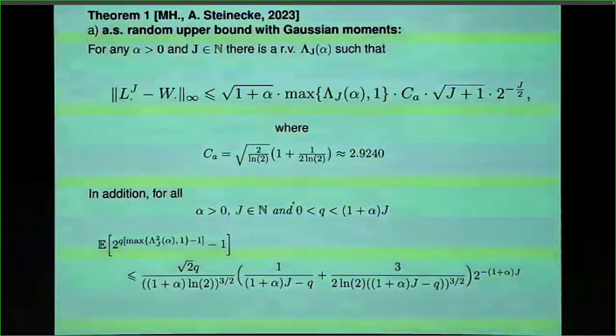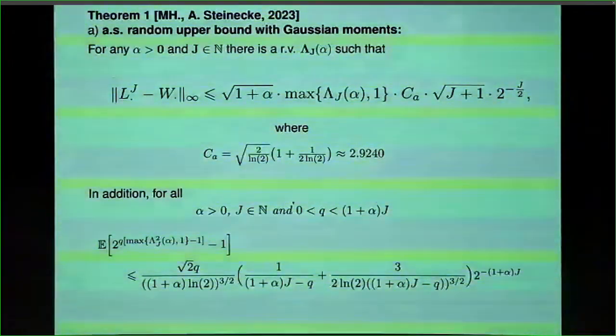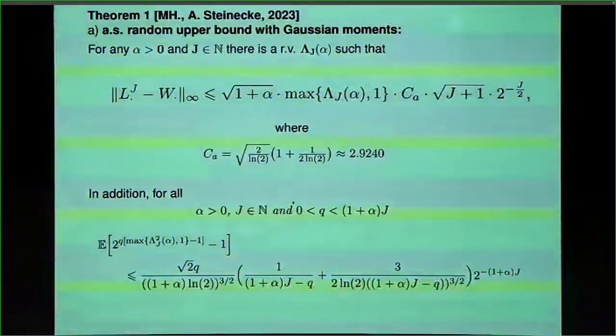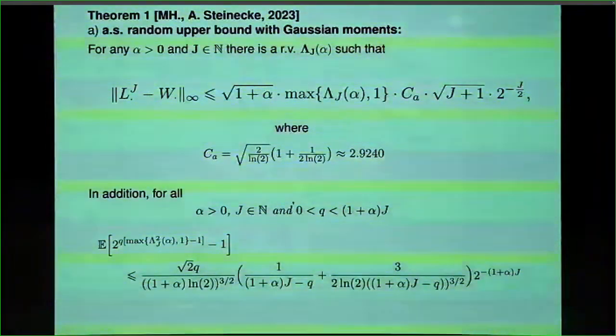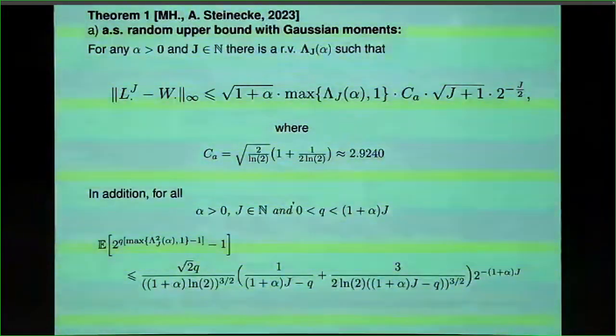And now we come to the results which we have there. We can show that almost surely, for any alpha, this being an error term that is a little bit greater, and any j in n, there are random variables, lambda j of alpha, such that almost surely we can bound the infinity norm between Lj and W. So what we get here is an upper bound, which is in this case also known.